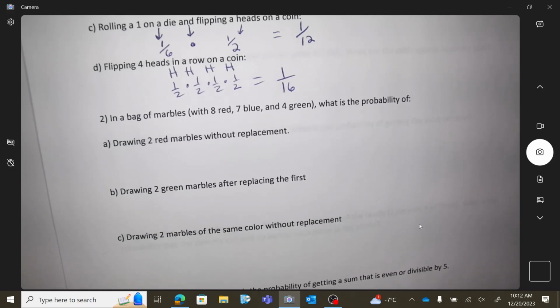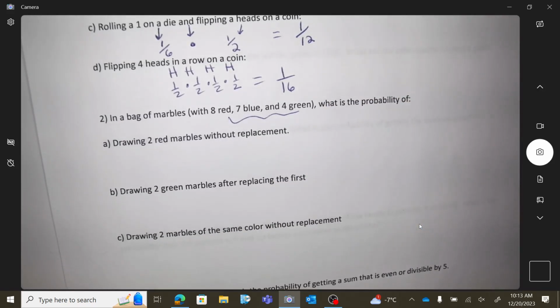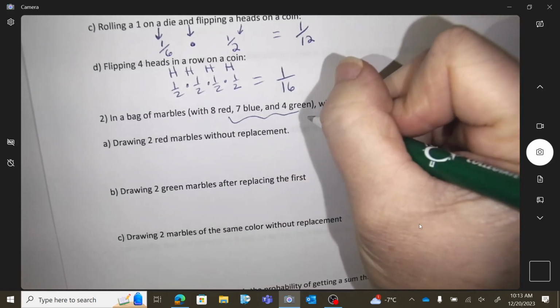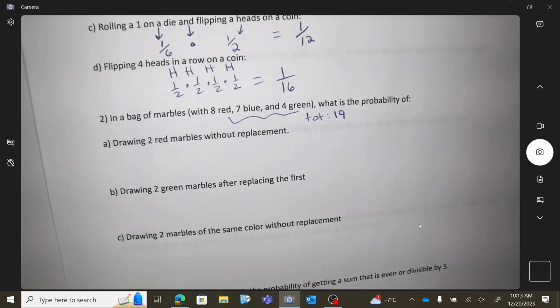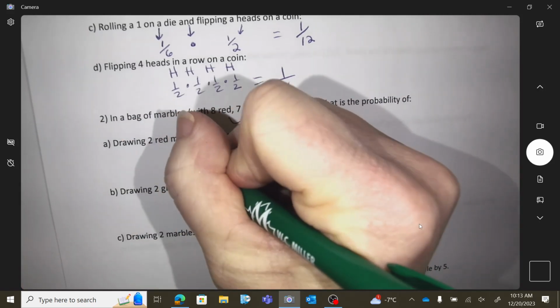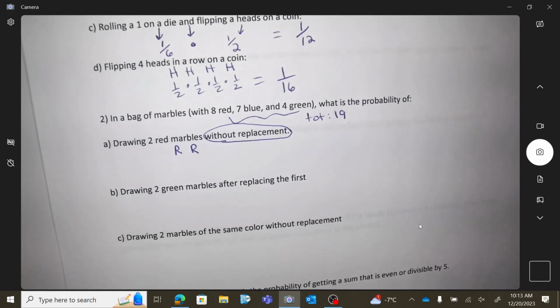Okay, a bag of marbles. Before we even start the question, tell me how many marbles are in your bag altogether. Did you get 19 altogether there in your bag? Okay, so we're going to draw 2 red. So we're going to be doing a red without replacement.